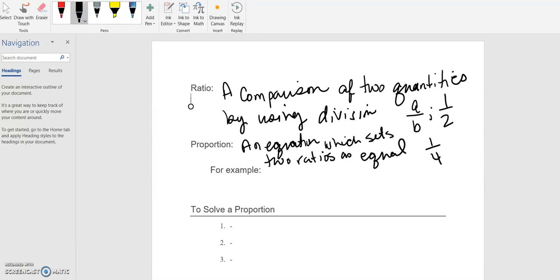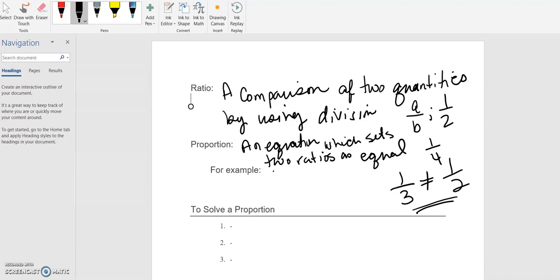Now, they may not be equal. For example, 1/3 is, of course, not equal to 1/2. We know that. But what a proportion is going to do is set these two things equal, and determine if they truly are. Okay, that's what a proportion does.